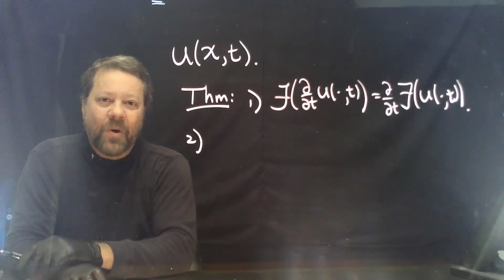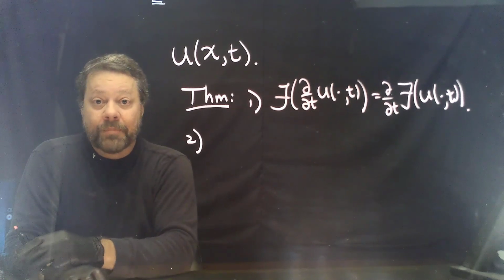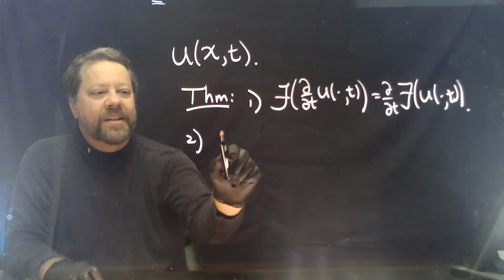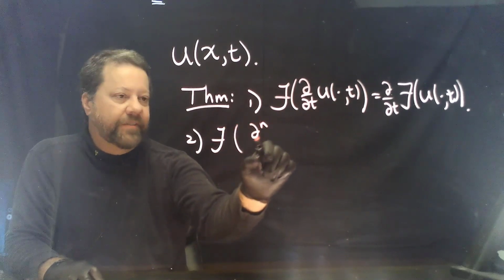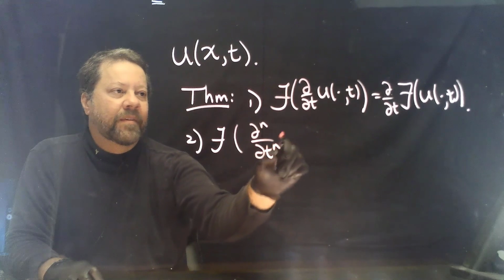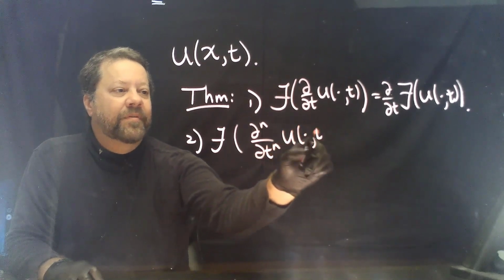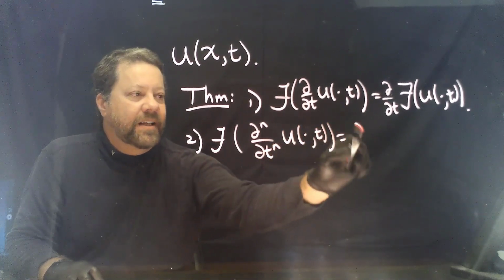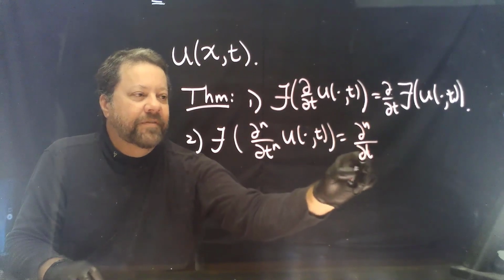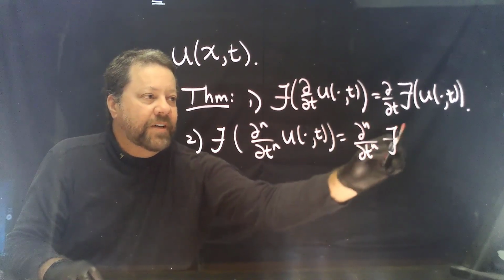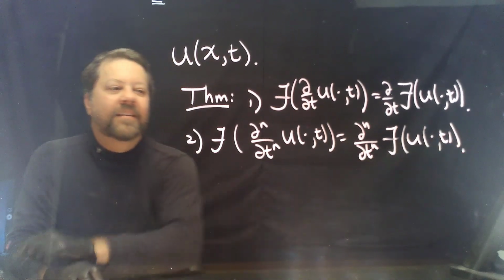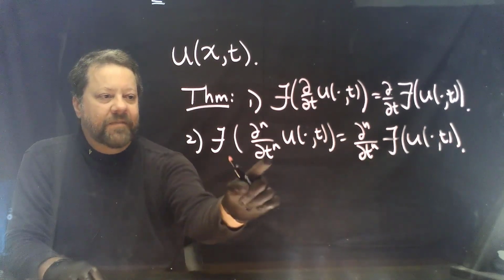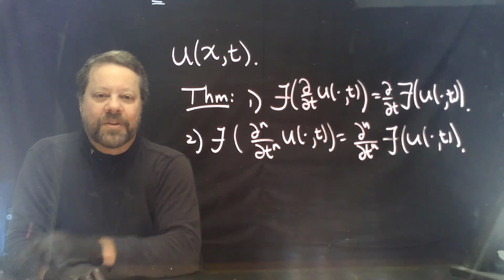As an immediate corollary, and due to math induction, we may deduce that the Fourier transform of the nth order derivative of u is the nth order derivative of the Fourier transform of u. Again, this is the variable that you're not taking the transform with respect to.